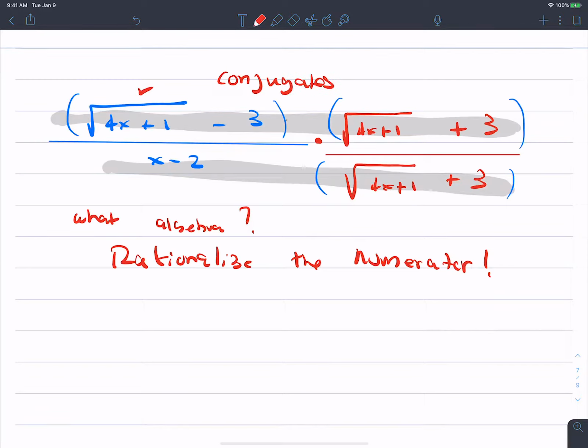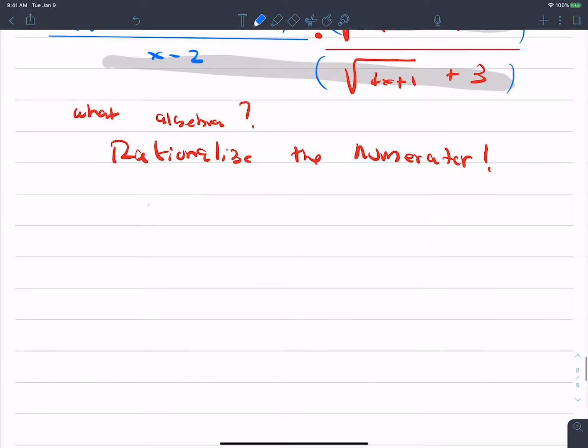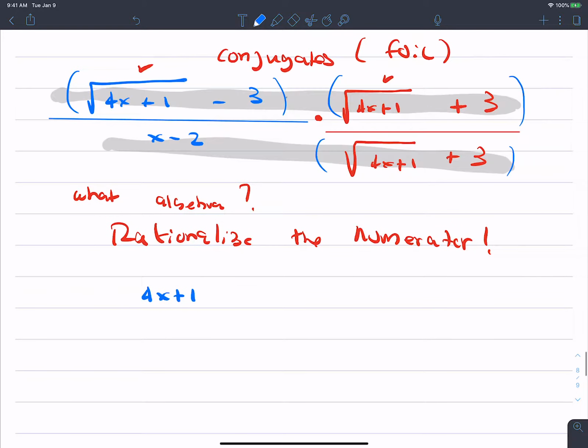Simply, the radicals for the first term in FOIL, you're going to multiply FOIL. The radicals go away. So you're going to have 4x plus 1, the first terms. Your O and I terms go away, because this is minus, this is plus. So you don't even have an O and I term in FOIL. You just have a first term and a last term. And the last term is negative 3 times positive 3, which is negative 9, over x minus 2.